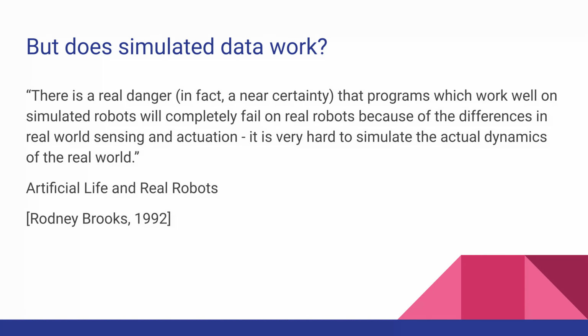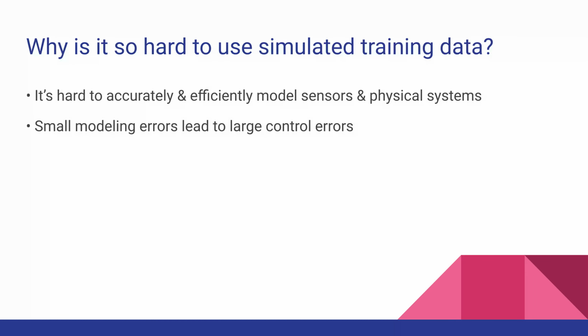However, people also argue that simulated data might work or might not work, because there are a lot of different disadvantages that the simulation has. It is very difficult to accurately model different sensors and different dynamical physical systems in the real world. Plus even small errors might lead to large control errors.